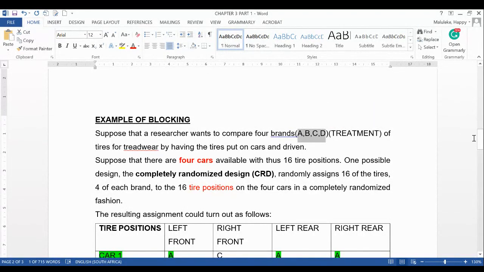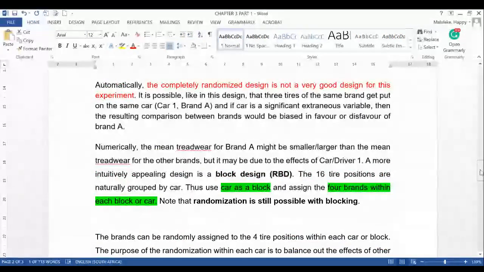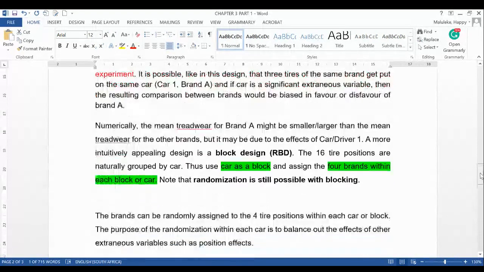So whenever you are given a Latin square problem and you see the letters, just trace what those letters represent. It means those letters represent the treatment. If you are asked to calculate for the treatment, you just look for those letters and write them down, but that one we will do next week, Wednesday.